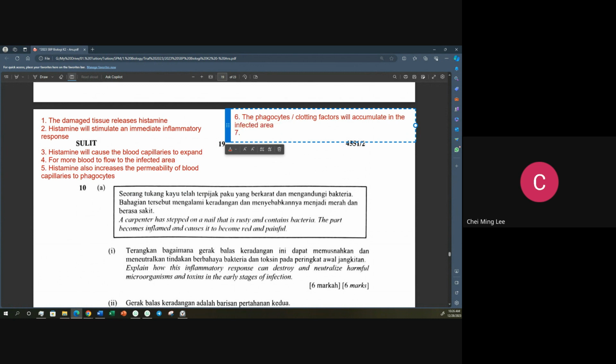And then after the phagocytes and clotting factor accumulate there, the blood clotting process will trigger, and the phagocytes will carry out phagocytosis. So this is a combination of blood clotting and also the immunity process. So choose 6 of them.